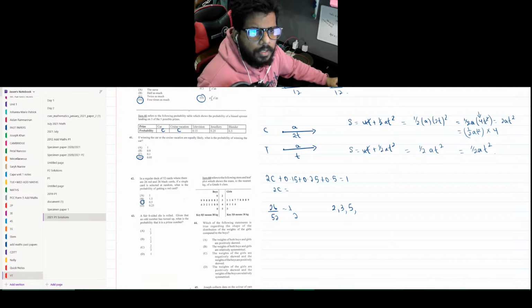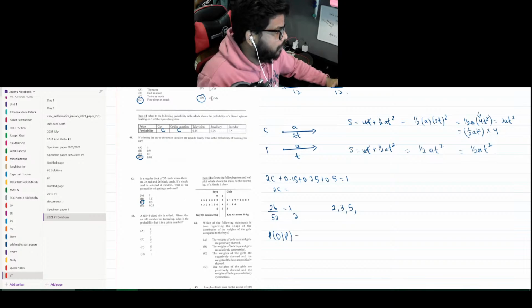Right, because the question says given that an odd number has turned up, this is conditional probability, sorry. So given that an odd number has turned up, what is the probability that it is a prime number? The probability of an odd number given a prime number could be the probability of odd and prime divided by the probability that it is prime.